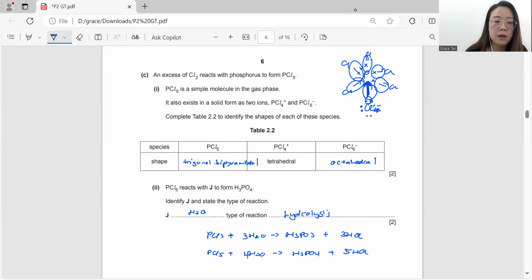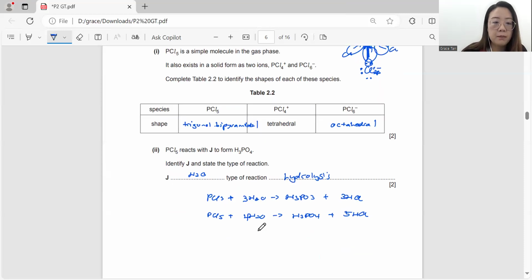Now, part 2. PCl5 reacts with J to form H3PO4. Identify J. This one is also memorization work. PCl5 will give H3PO4. So you reacted with H2O, and this is called hydrolysis. You only learn hydrolysis on the chlorides of period 3.